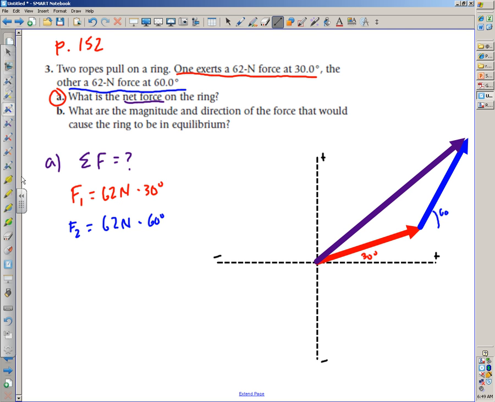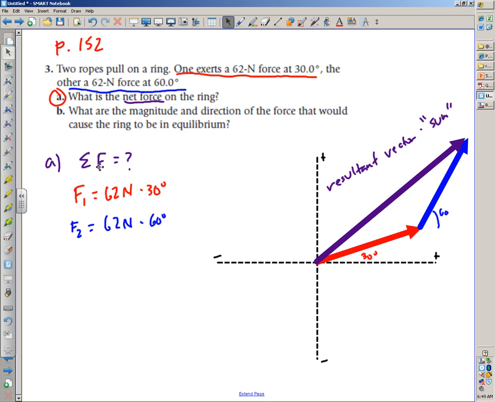We talked about this vector in the last chapter with projectile motion. We refer to this as the resultant vector. The resultant vector is a vector that represents the sum of all vector quantities. In this case, because we're dealing with 2 forces, this is the sum of 2 forces, or the net force.